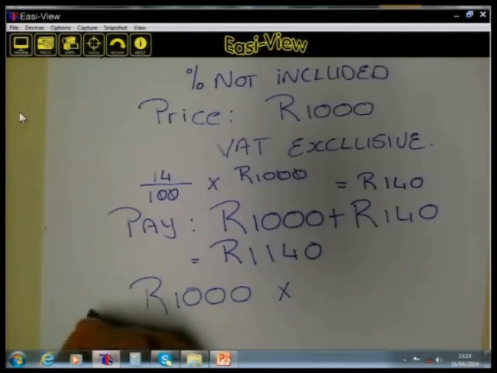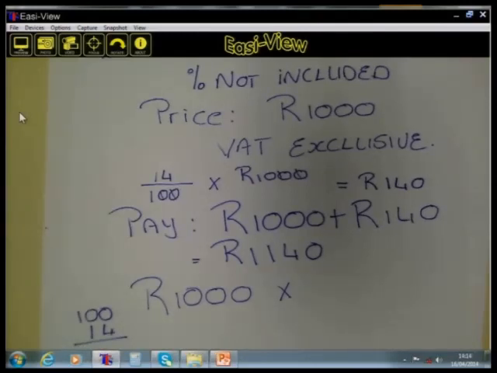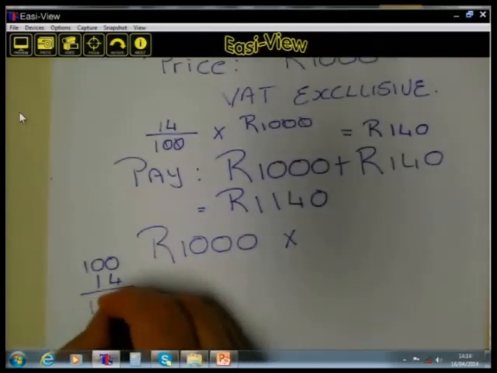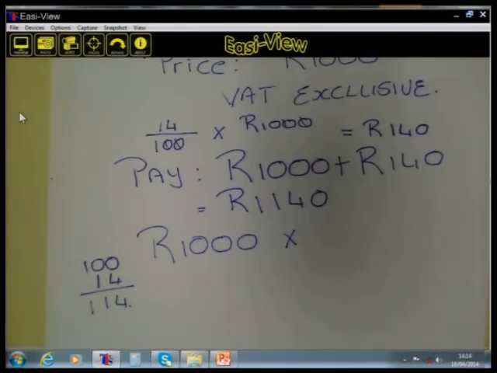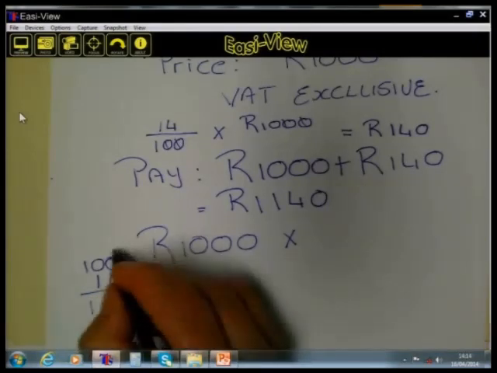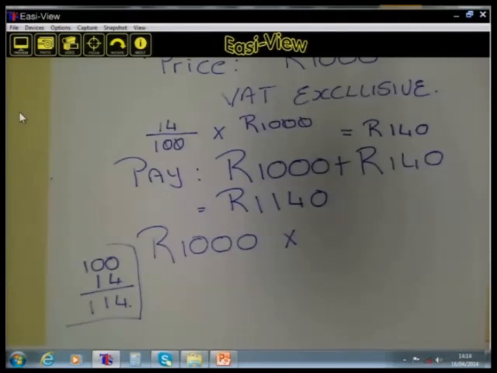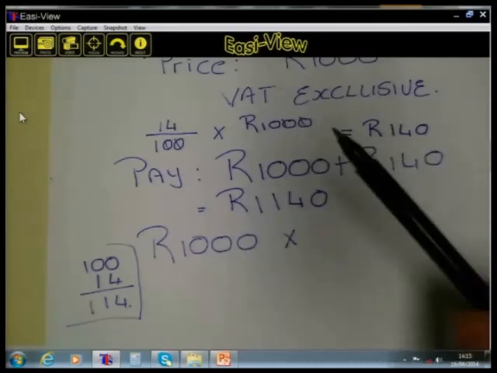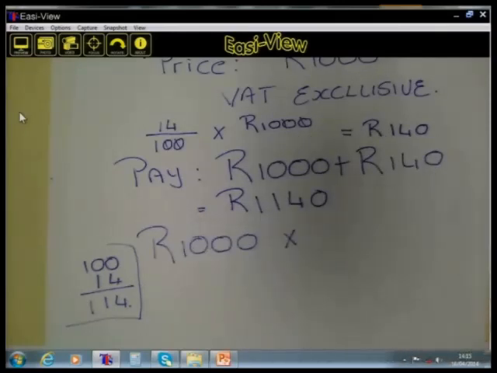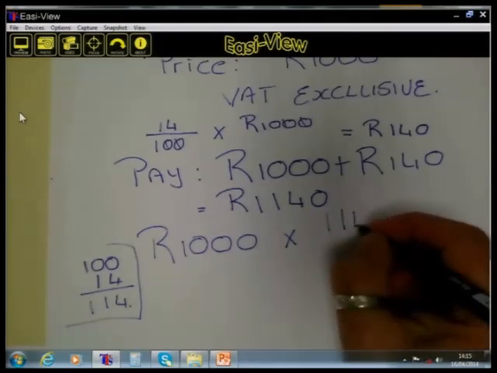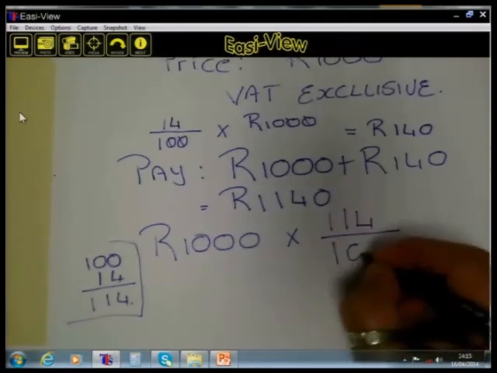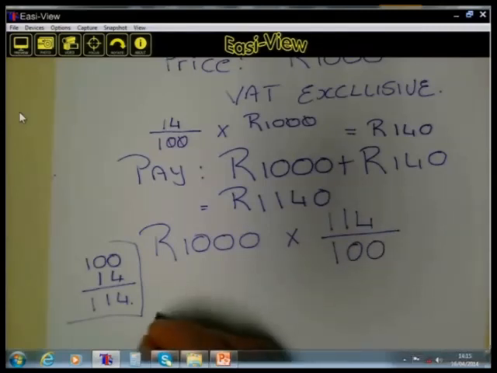So I add to my 100% my VAT percentage. And that means that I then have a total of 114% that must be calculated on top of the 1,000 rand. So instead of first multiplying by 14 over 100, and then adding the amount, I can simply multiply by 114 over 100, and you will see if I do that.